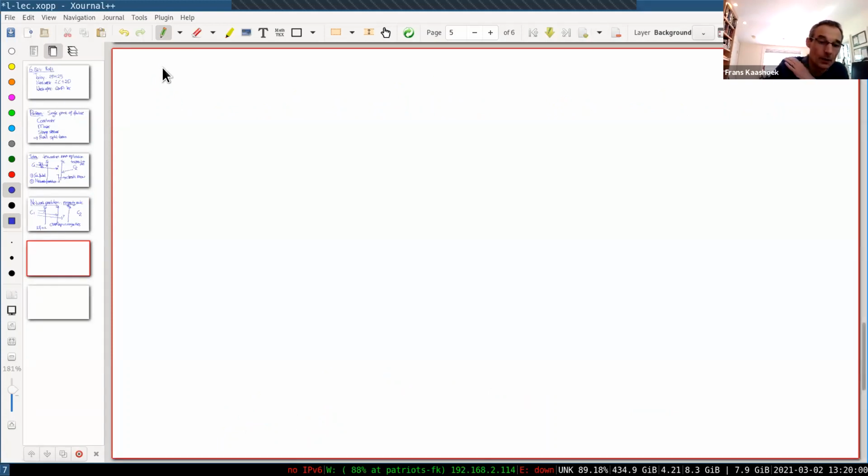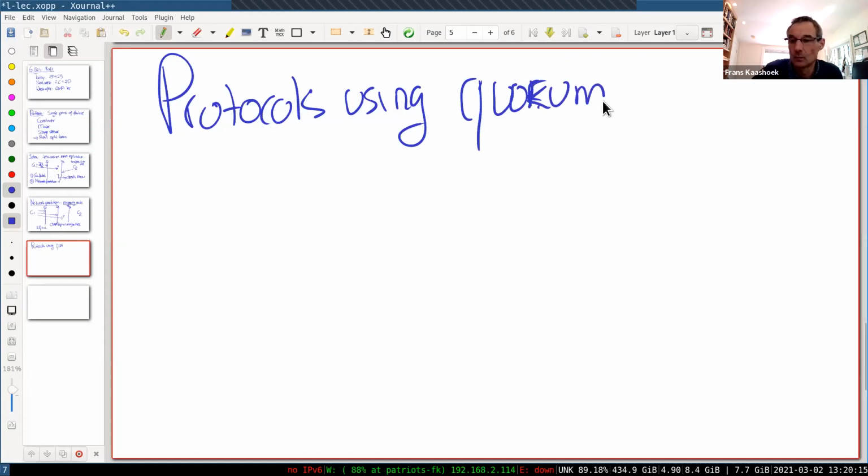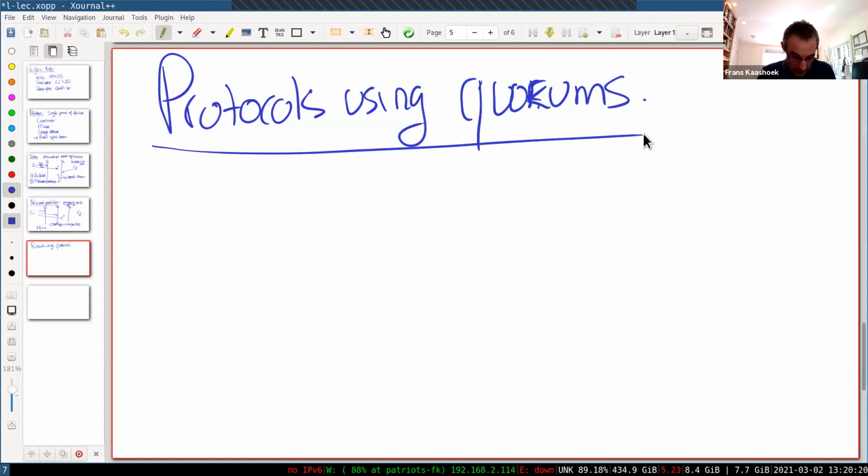So there are quite a number of protocols using this idea, and sometimes this idea is referred to as quorums or quorum protocols, for the obvious reason. The state of the art for a long time, until the late 80s or early 90s, was that there was no such protocol.